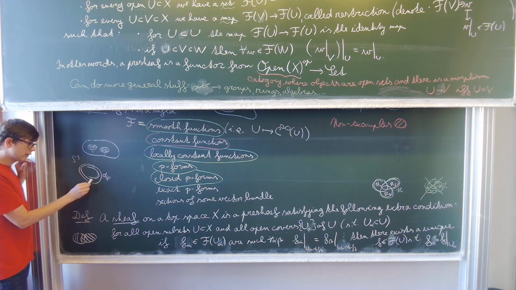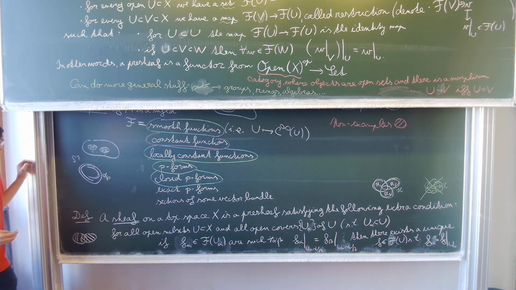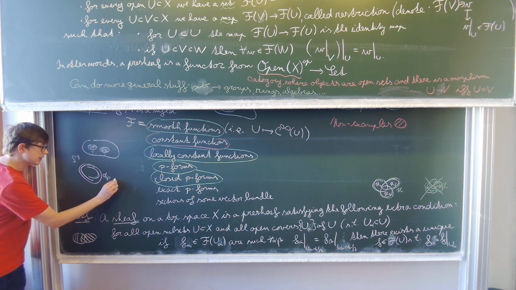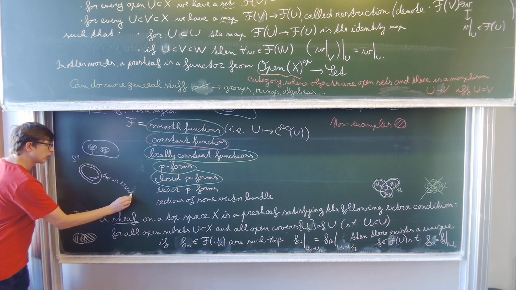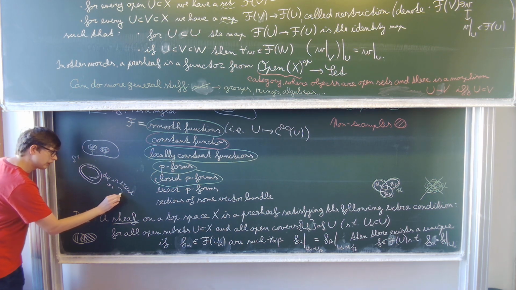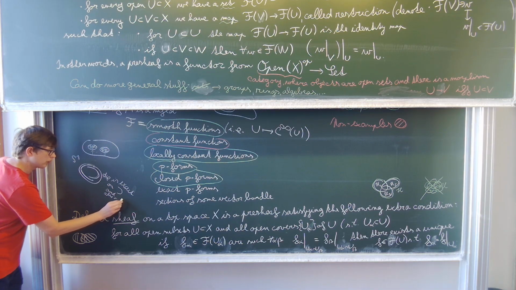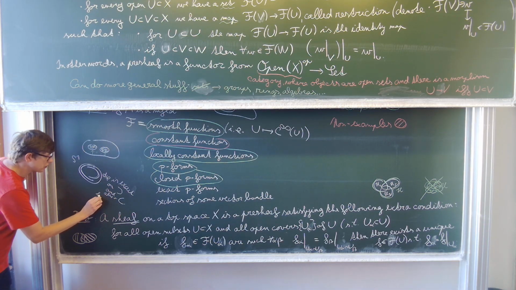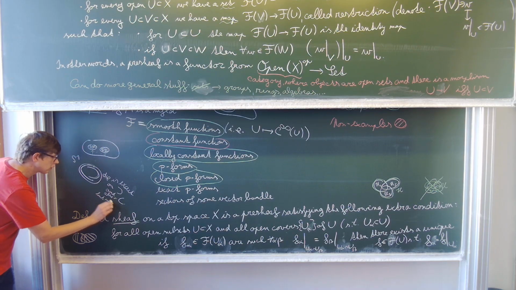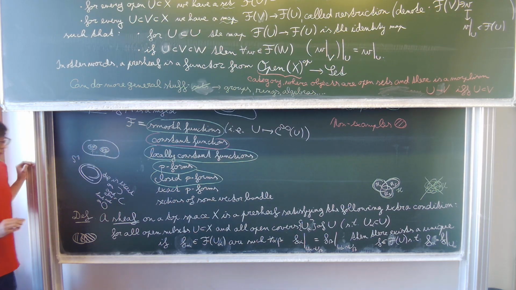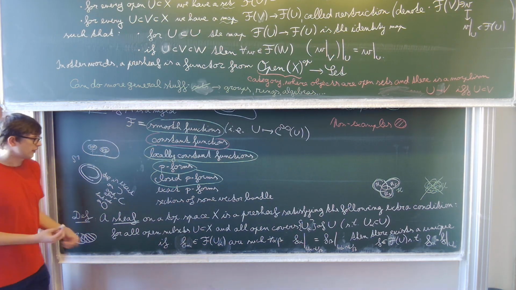Even though it was exact here and exact here, if I glue them, it will no longer be exact. So d phi is exact here and also on the other one, but not on the circle. So that's not a sheaf.